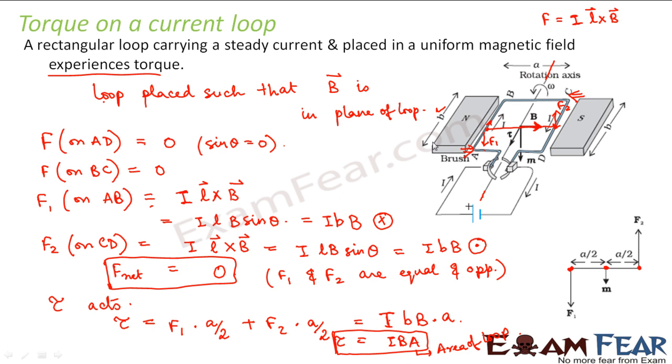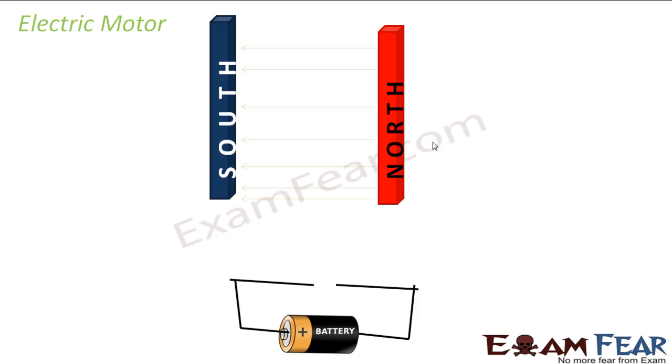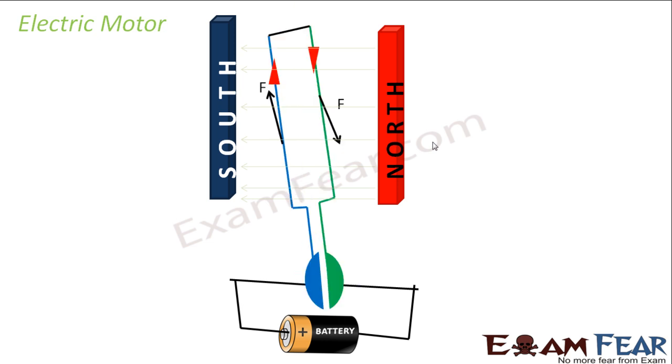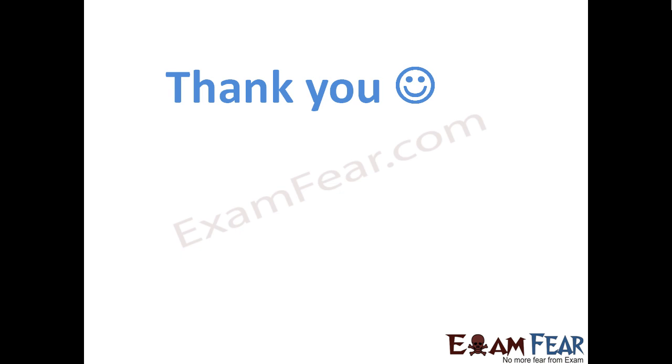That is the second scenario which we will consider, so that we get a general expression for torque. I hope you understood how this rotation takes place. For that, I have this diagram which will explain more clearly how this rotation is taking place.